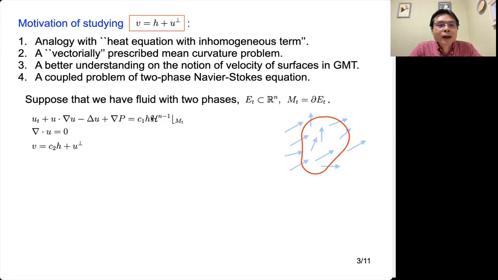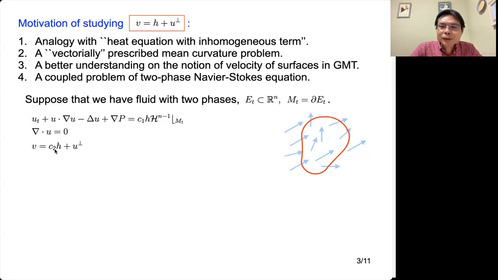Okay, so H^{n-1} is the (n-1)-dimensional Hausdorff measure, so it's a surface measure on M_t, and H is the mean curvature of this surface M_t, and then divergence free. Now, here is another motion law of the surface, that is, the velocity of this M_t.